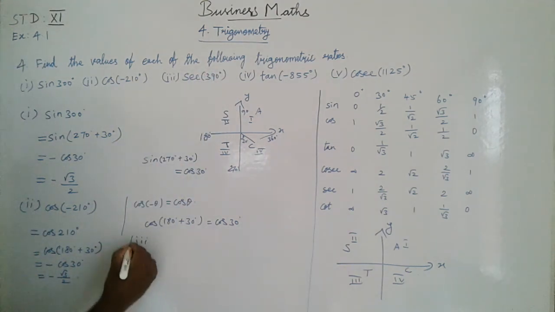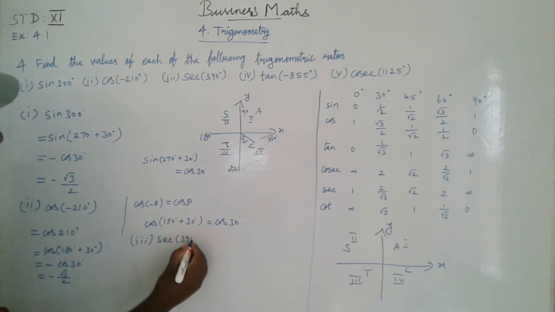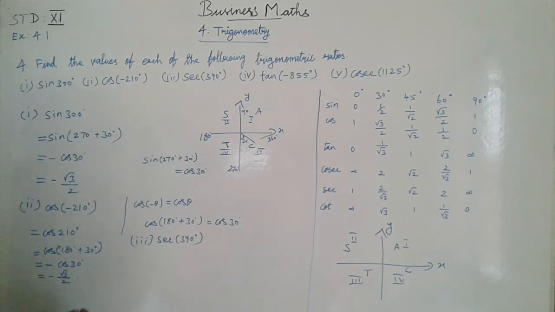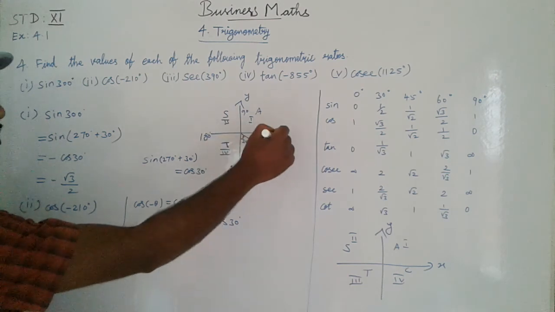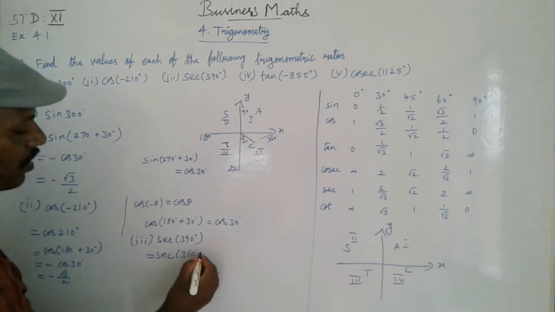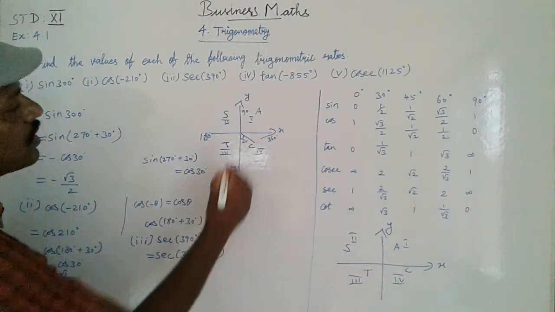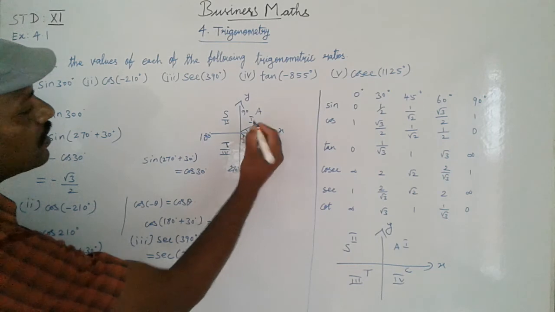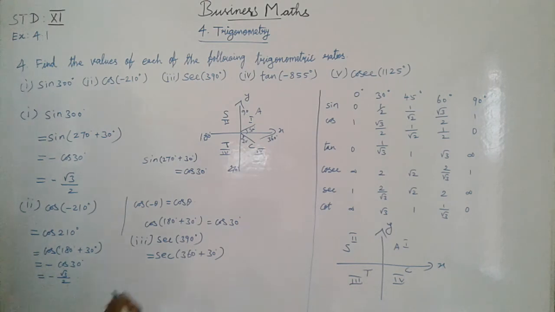Third sum: secant 390. So secant 390, we should write secant of 360 plus 30 degrees, since one round is 360. This is in the first quadrant, 30 degrees. 360 plus 30 is 390. In the first quadrant all values are positive, so secant is also positive.